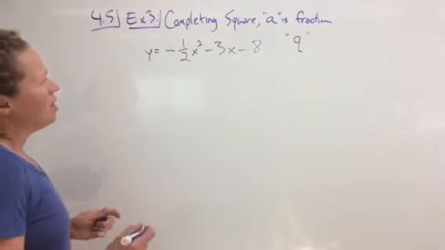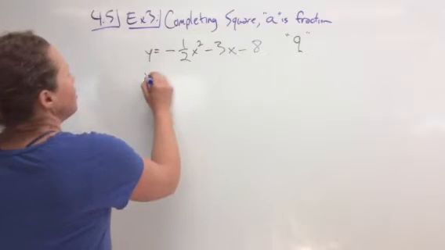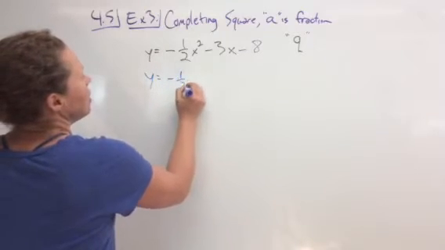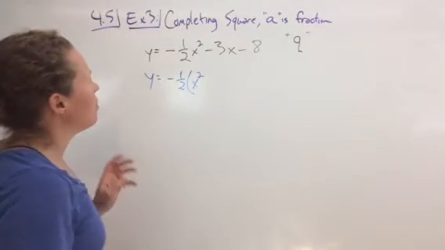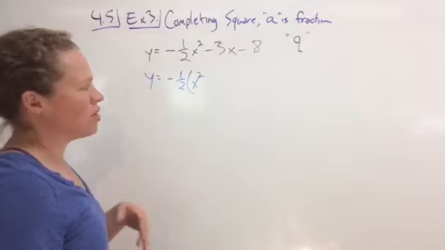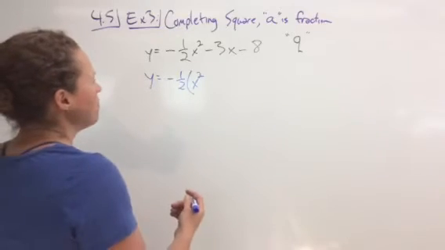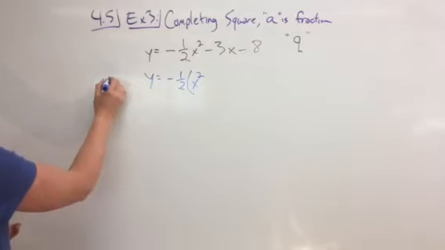Now, we go through it to start with. Same as always, we're just going to write y equals negative 1/2 x squared, and then this happens. So remember that what we're doing when we're taking these numbers out is we're dividing. I'm just going to use a little sketch over here.